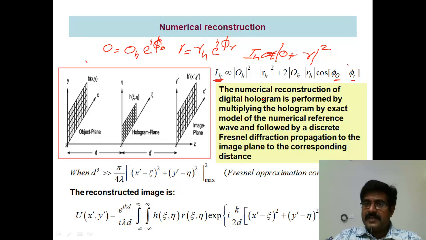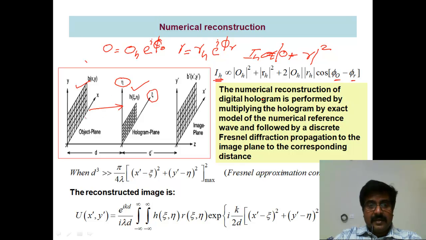So the relative phase has been recorded as a fringe modulation of the hologram. So this is the hologram function. We can see this is the hologram plane, and the object plane lies here. So object waves are traveling from the xy plane to the hologram plane, which is denoted by coordinates psi and eta.